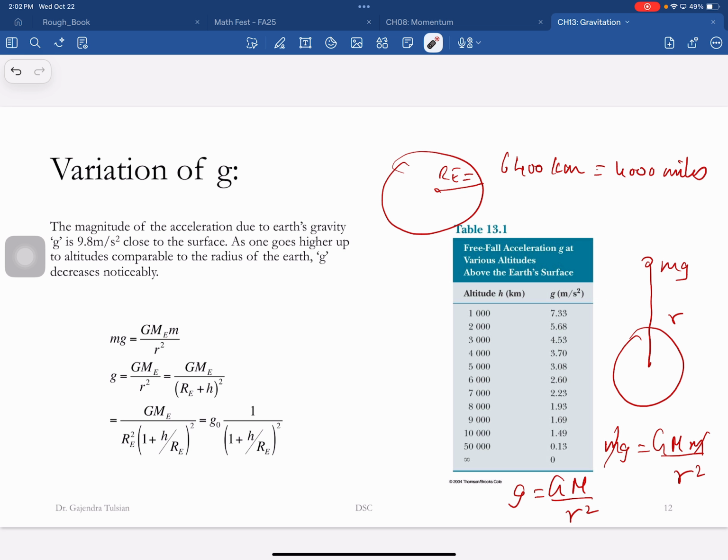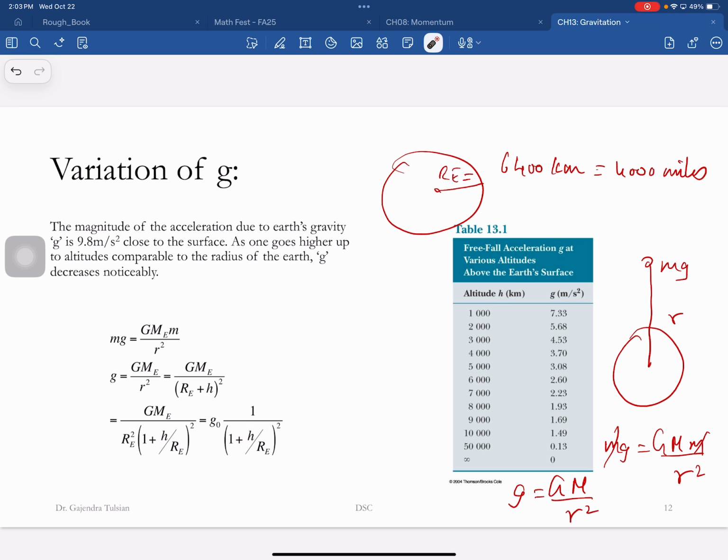So g depends on the distance from the center of the Earth. So there is the radius of the Earth plus the height above the surface of the Earth. When h is 0, that is equal to 9.8 meters per second squared. So here is g naught, the gravitational acceleration on the surface of the Earth, and this is the height above the surface of the Earth.